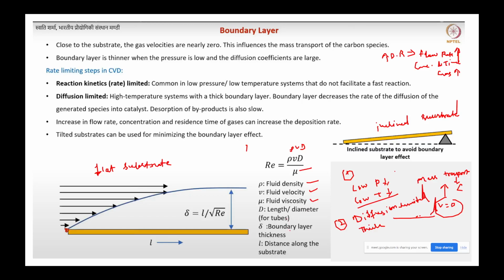And here you can see delta is L by root R, so this is your boundary layer thickness. L is the distance along the substrate.